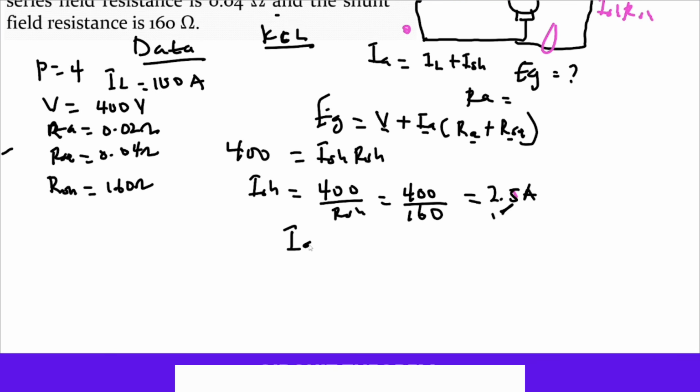But we know from Kirchhoff's law that IA is equal to IL, which we've already established, plus I shunt.